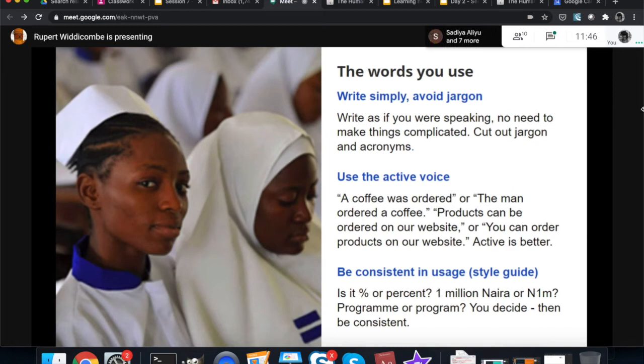It's much more direct because it tells you it's you. You're the one that can do this. So look out for the active and passive voice in your writing. Active is better. And there's an awful lot of passive writing out there. It's just very easy. And then things very quickly lose their meaning and lose their impact. And here's something that's very important, the final point on the words you use.